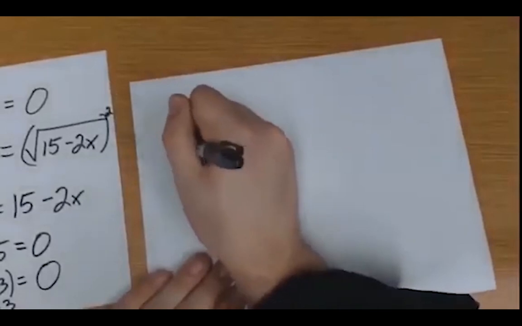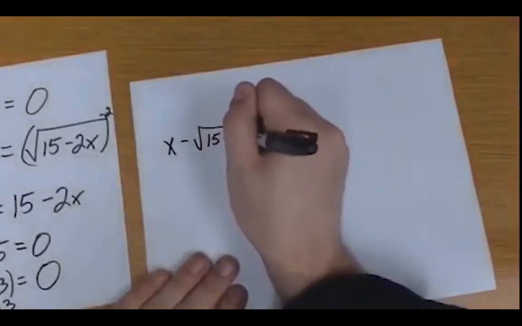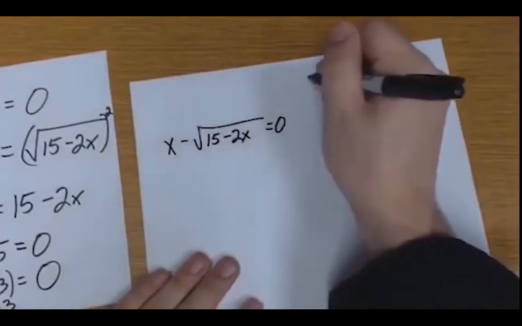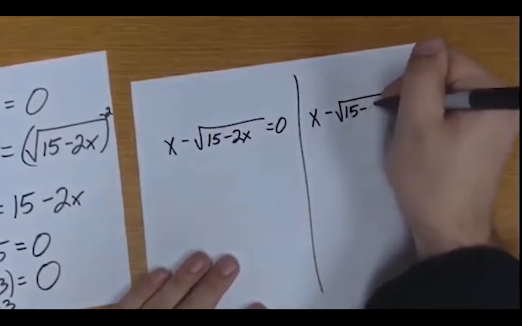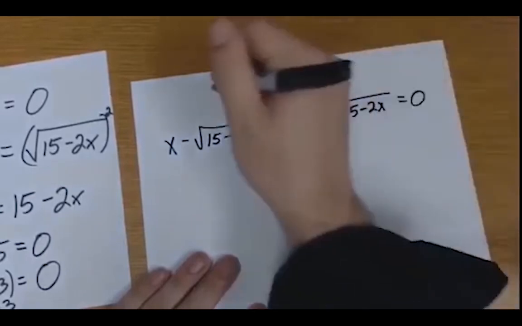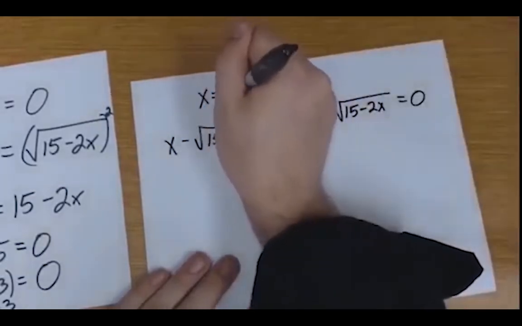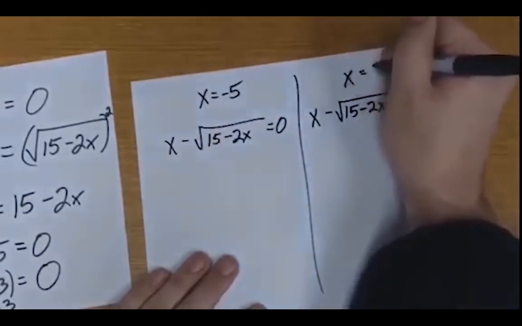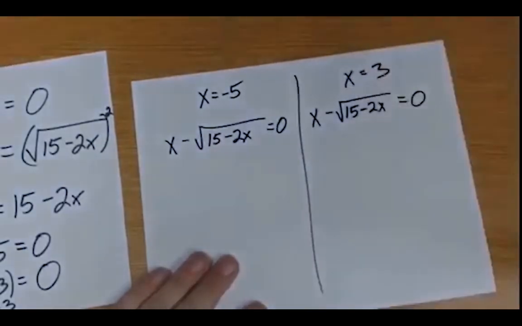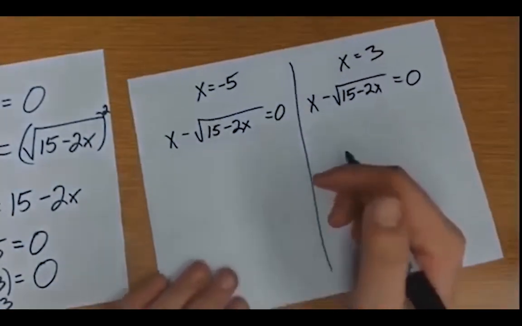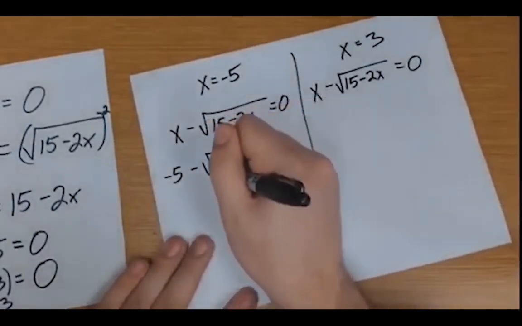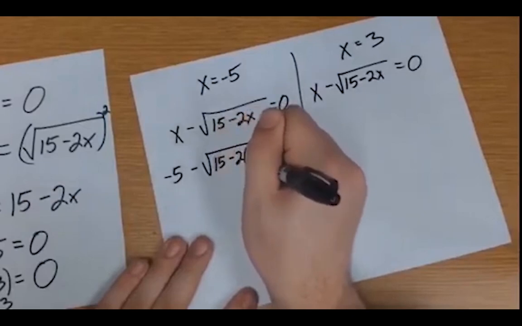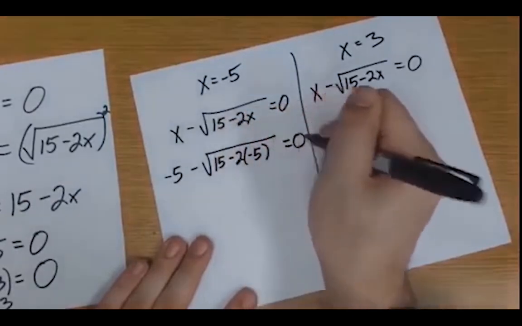So, we're going to check this twice. Once for x equals negative 5, once for x equals 3. If we plug in negative 5, we get negative 5 minus radical 15 minus 2 times negative 5 equals 0.